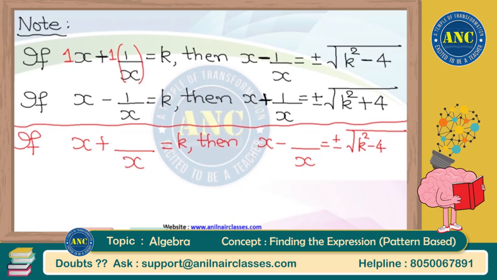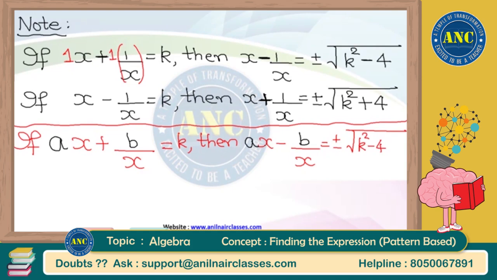But instead of having the coefficient of x as 1 and the coefficient of 1 by x also as 1, let my coefficient of x be a and the coefficient of 1 by x be b. Similarly here also.